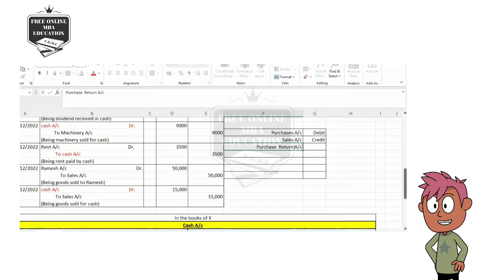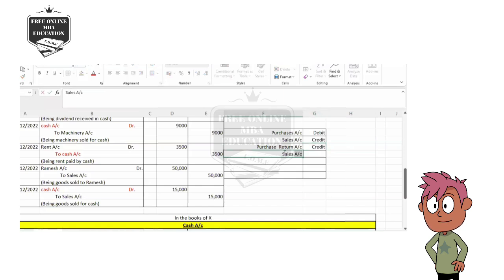So I'll keep 20,000 with myself, and the goods worth rupees 30,000, I'm going to give as a return to Mr. X. Now when I return goods worth rupees 30,000, I'm going to receive money, because I should get my monies back. So purchase return account will always have the credit balance, that is credit all income and gains.